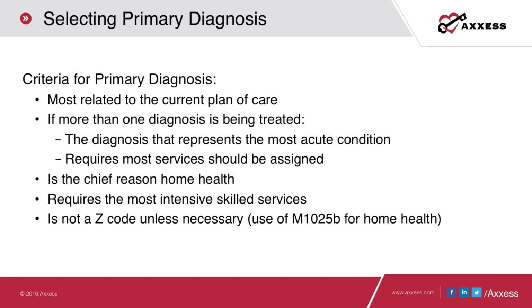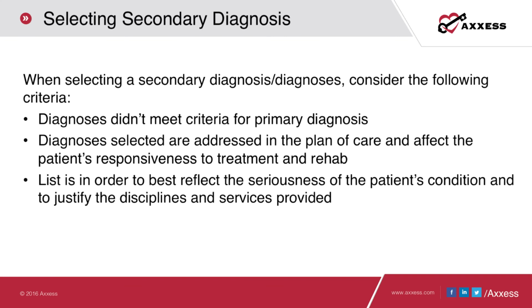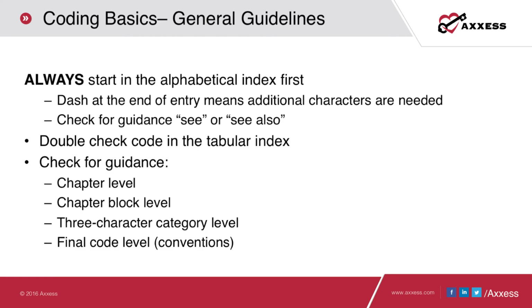And by sequencing them in that way, you also have to follow the guidance as far as what goes first. If there's a code first, for example, you have to put that, although that may not be as acute a condition as what you thought. So again, you have a lot to figure out when you're doing the diagnoses.